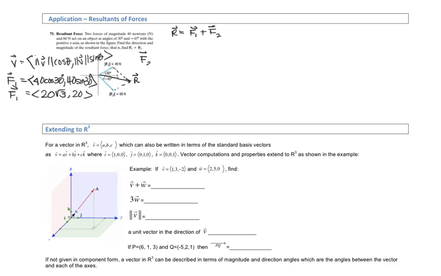F2, the magnitude of F2 is 60, and the direction angle is given there as negative 45 degrees. And so for F2, cosine of negative 45 degrees is square root of 2 over 2.